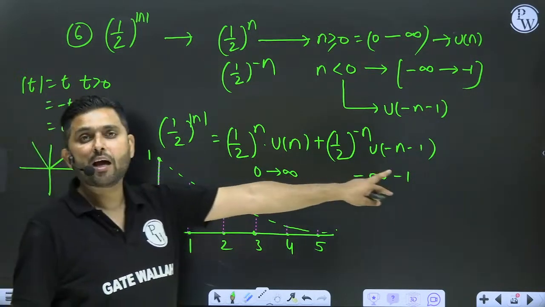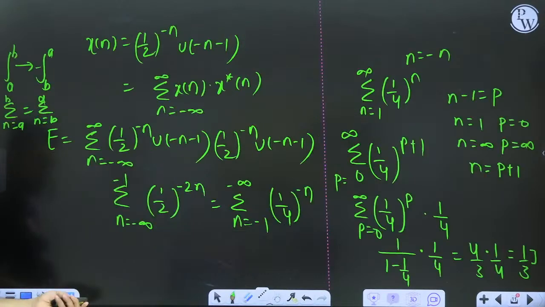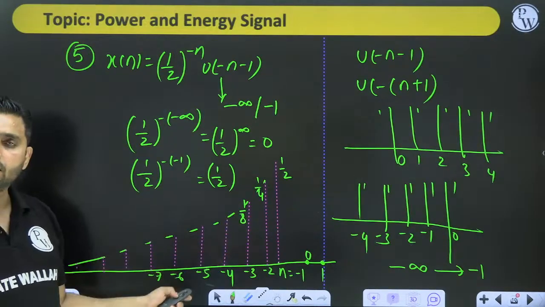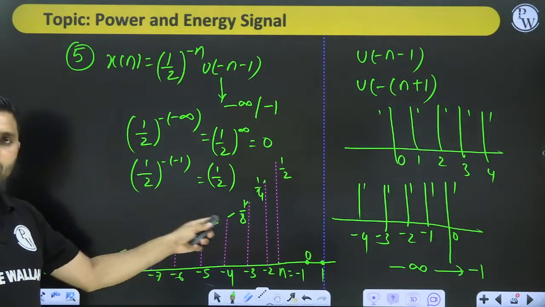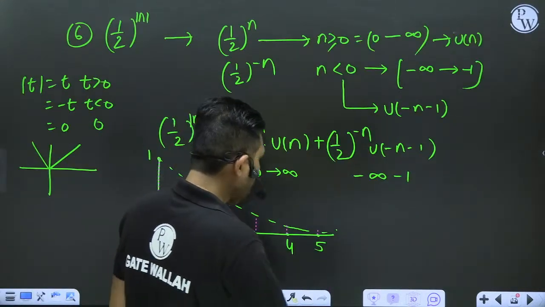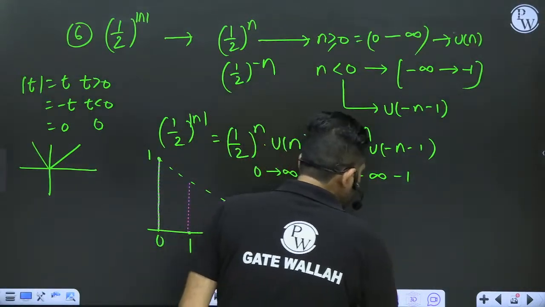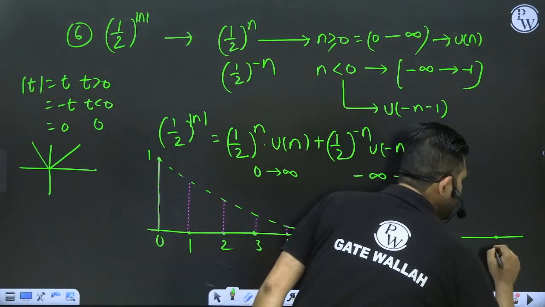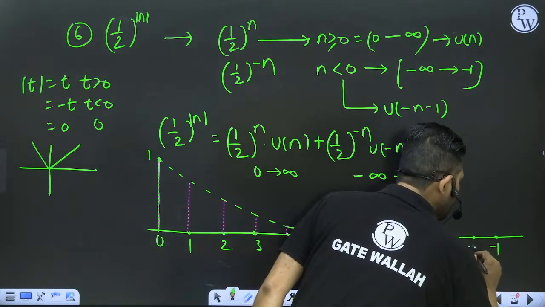And this plot I already know. See, I have made this plot just in front of you. So this means that this plot is what? What is the plot of this one? It starts from -1, -2, at 0 it is 0.